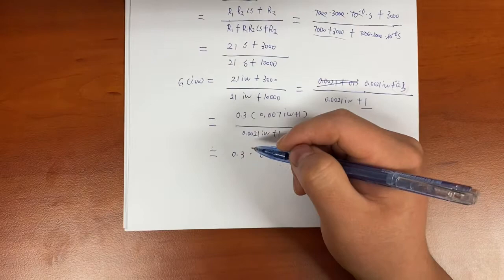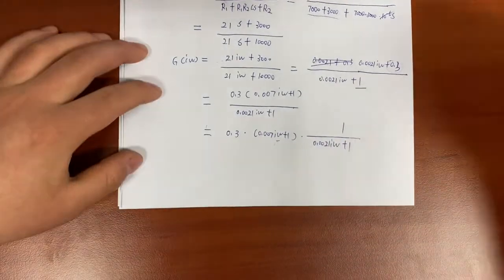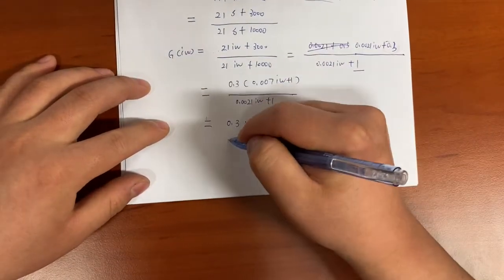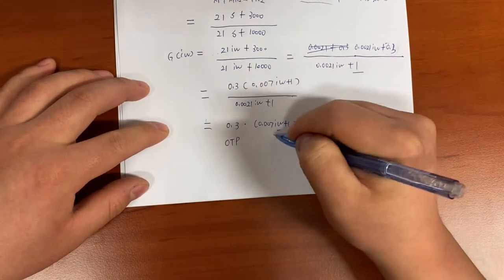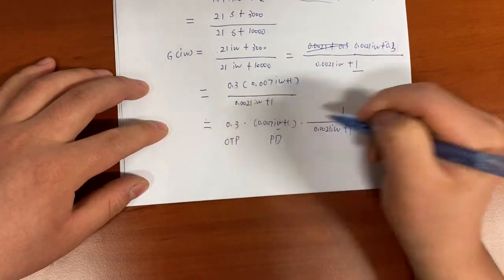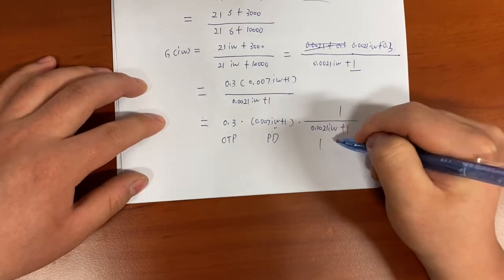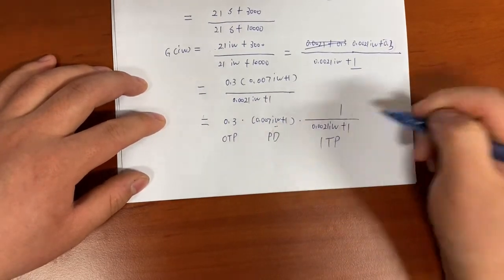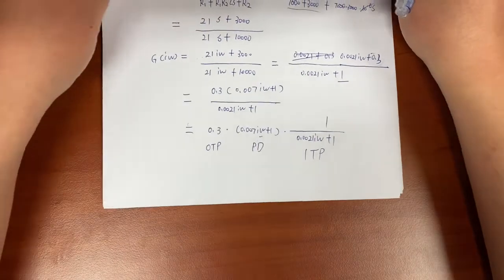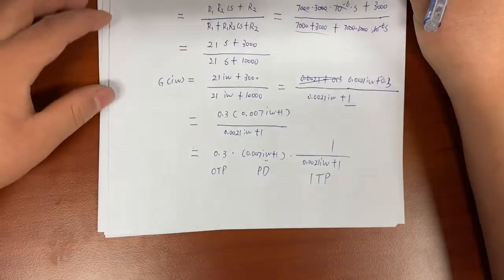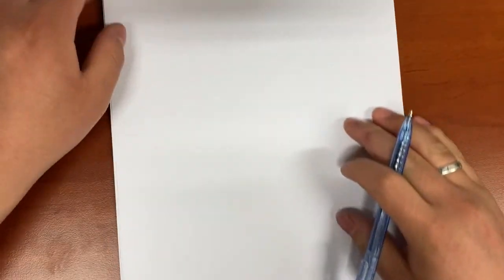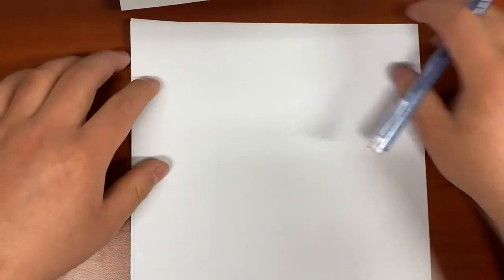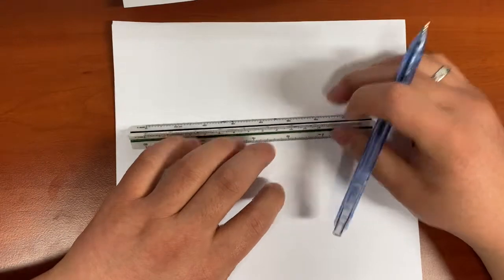We can know this is a 0 time constant proportional, this is a PD, and this is a 1 time constant proportional. So we got 3 basic transfer functions here, and then we can draw the figure based on the function.